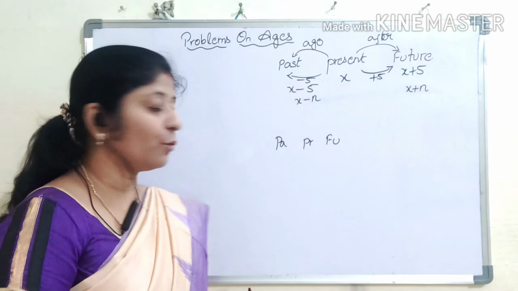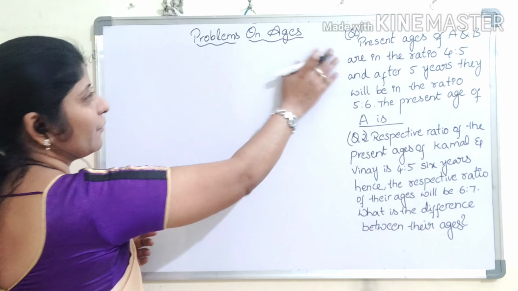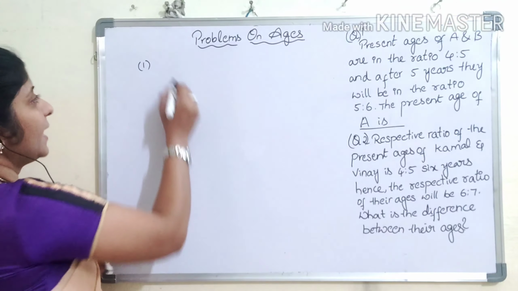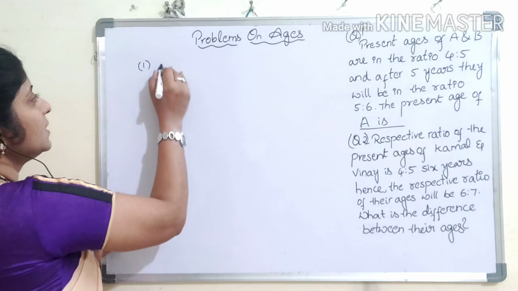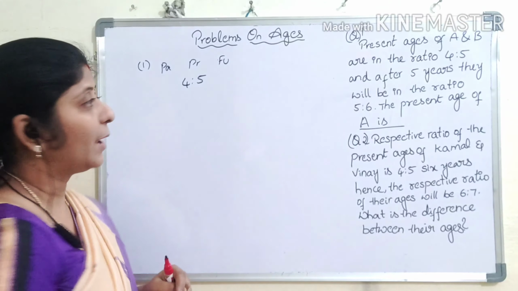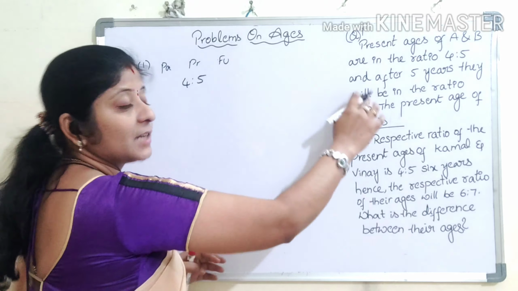So here we have two problems. Solving the first problem, first we have to write past, present and future. Here they given present ages of A and B are in the ratio 4 is to 5. So we will write this as 4 is to 5. And after 5 years, we have to add plus 5 there.